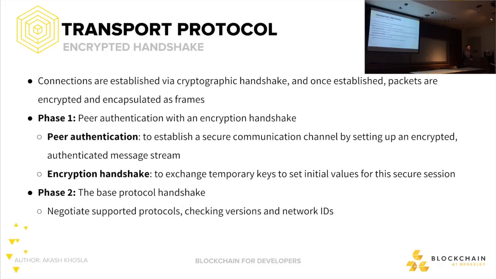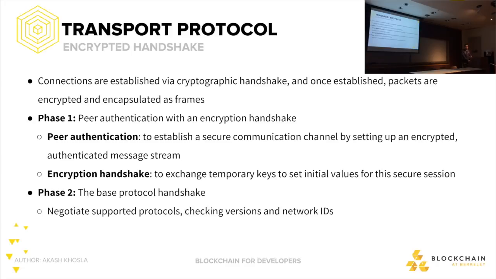So with the transport protocol, there is an encrypted handshake that happens. Connections are established via some kind of cryptographic handshake, and once they're established, packets end up being encrypted and encapsulated as frames. So in phase 1, we have peer authentication with some kind of encryption handshake, the purpose of which is to establish a secure communication channel by setting up some kind of encrypted authentication scheme or stream.